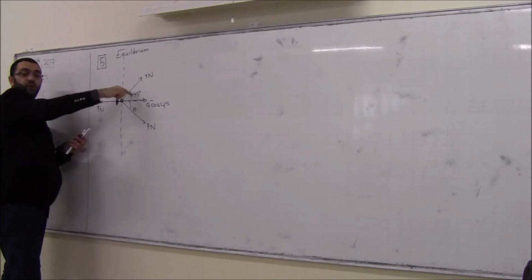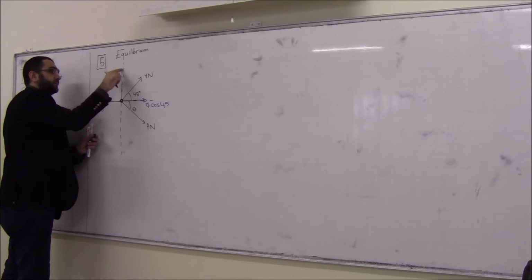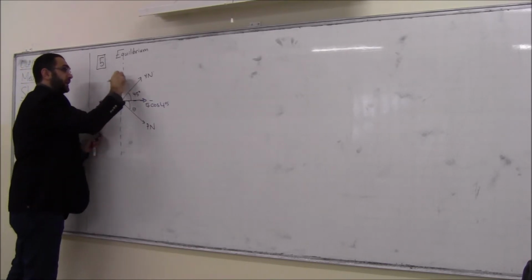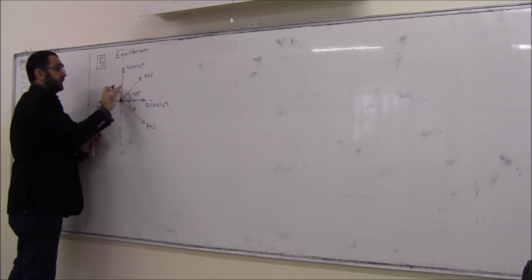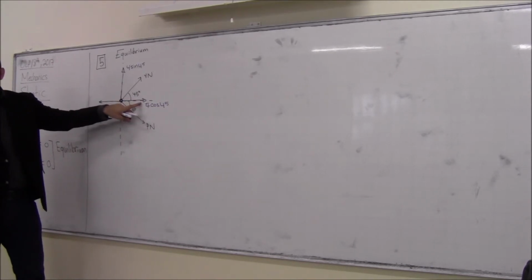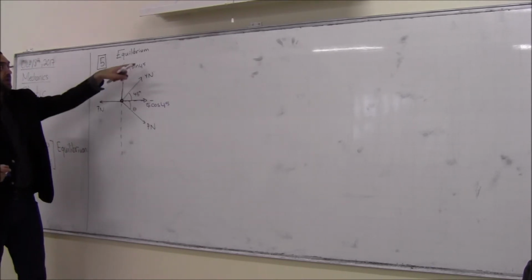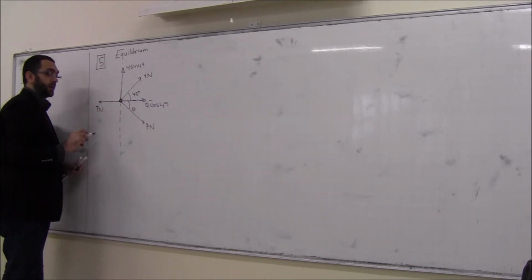Because the angle is given with the x-axis. And along the y, we have 4 sine 45. Again, the angle is given with the x-axis, so the x component will take cosine, the y component will take sine.